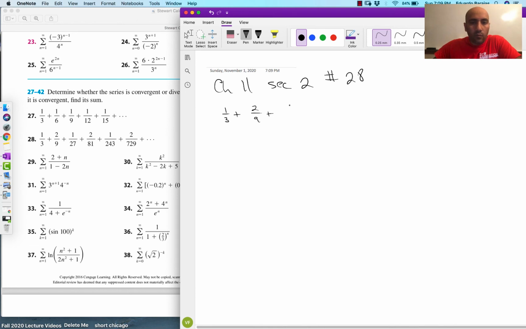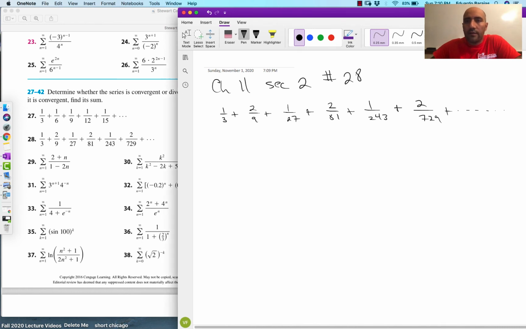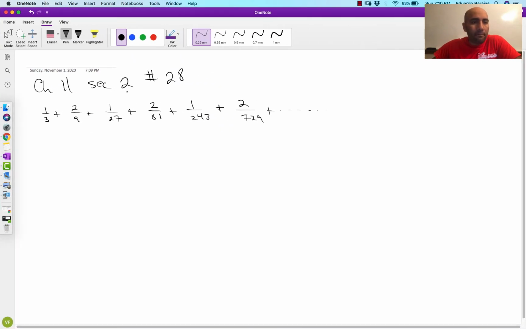plus 1/27 plus 2/81 plus 1/243 plus 2/729 plus dot dot dot. Okay, so the denominator is clearly powers of 3, but the numerator alternates between 1 and 2, 1 and 2, 1 and 2.